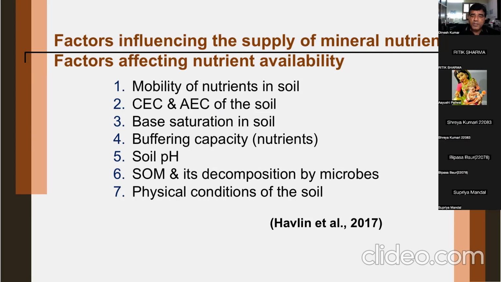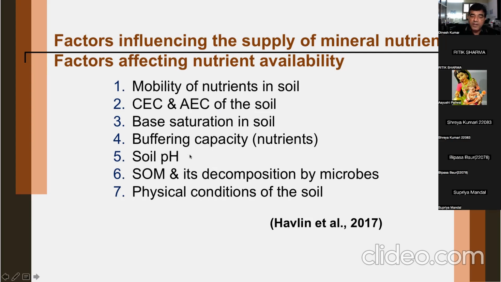Buffering capacity of the soil varies with the texture and structure of the soil. There are many factors that affect the buffering capacity of the soil. Here, buffering capacity means the nutrient supplying capacity of the soil into the soil solution. Soil pH of the soil solution is very, very important. It affects the nutrient availability and the solubility of the nutrients, and it also regulates the activity of the microbes in soil.